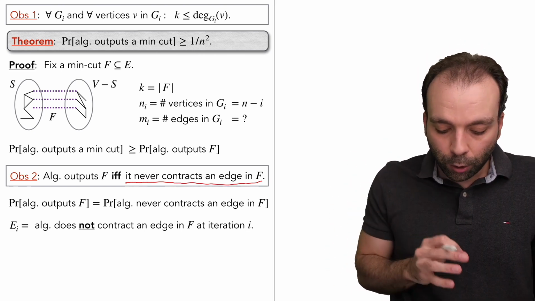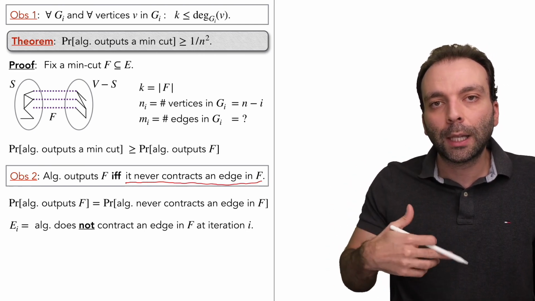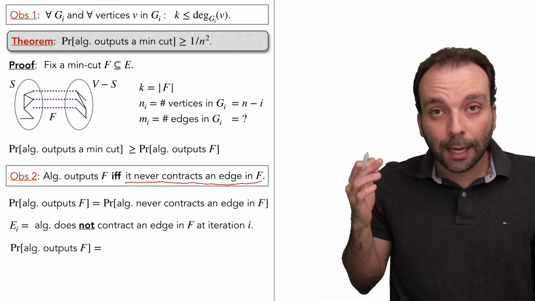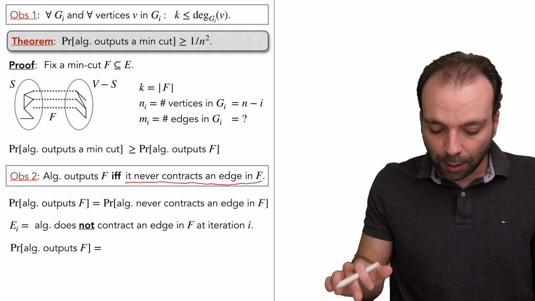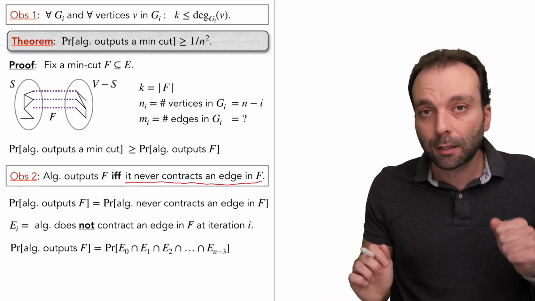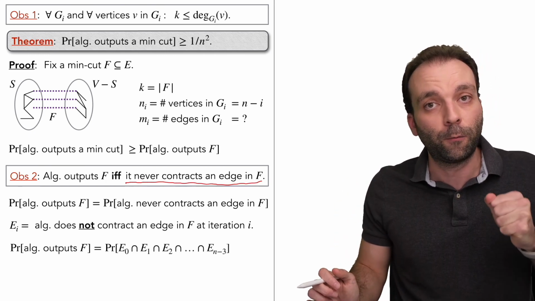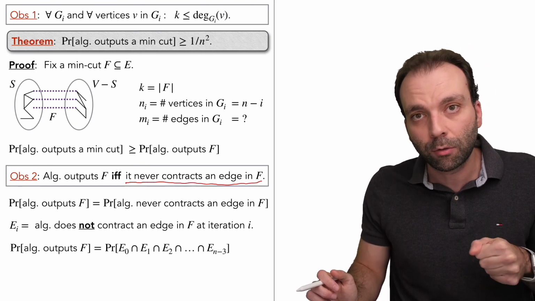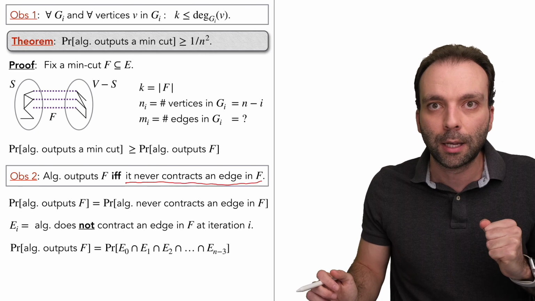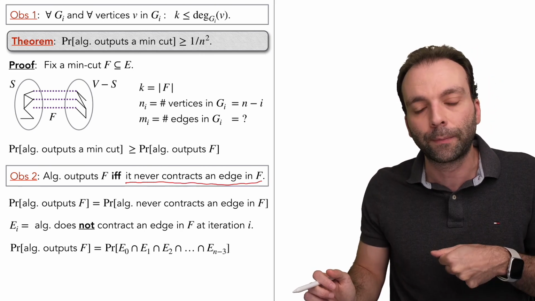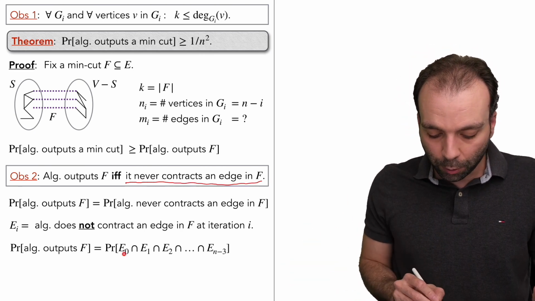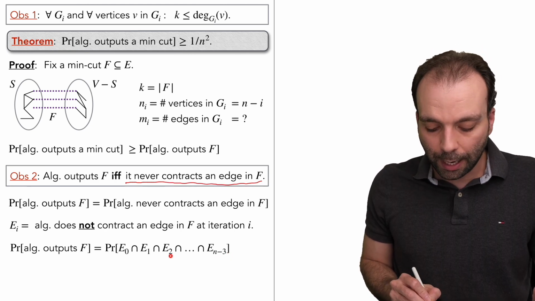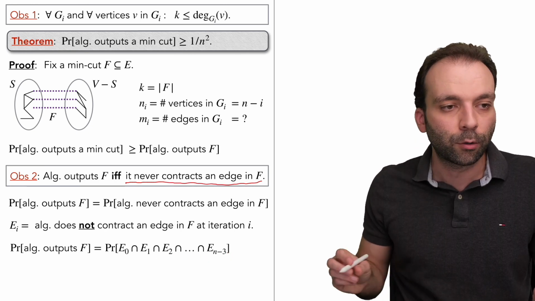With this definition, we can write the probability that the algorithm does not contract an edge in F as the probability that it does not contract an edge in F in the first iteration, and in the second iteration, and in the third iteration, and so on. That corresponds to the event I've written here: E0 intersection E1 intersection E2 intersection E3, and so on.